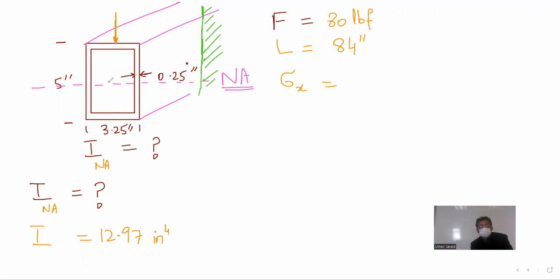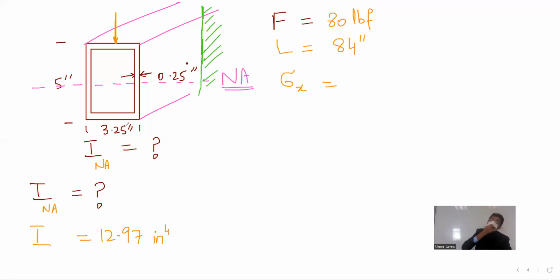I did the moment of inertia of the big rectangle, 3.25 multiplied by 5 power 3 divided by 12. Then for the small rectangle, 3.25 minus 0.5 gives me this little length. Then I multiplied it with the height. For finding the height, I said 5 minus 0.5, which gives me this height. So BH cube by 12 again, and I subtracted.